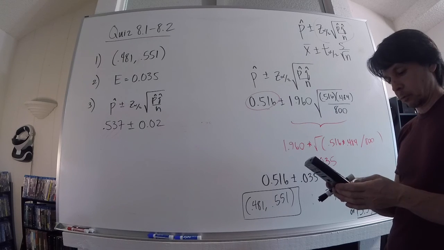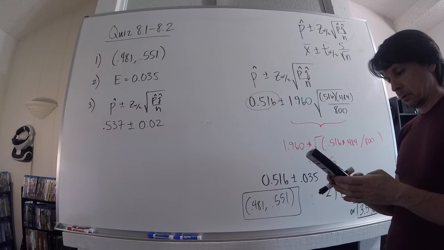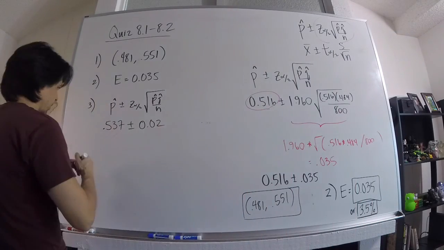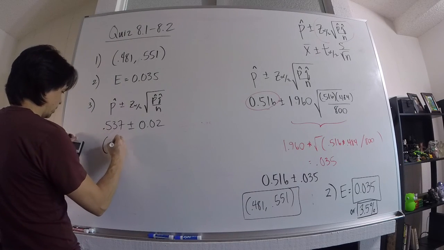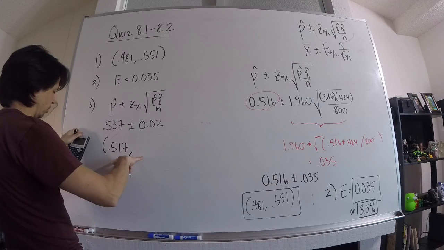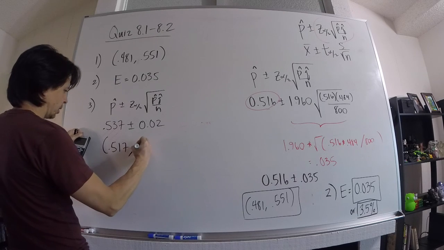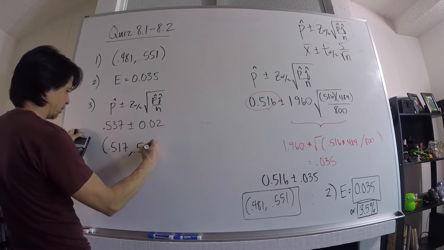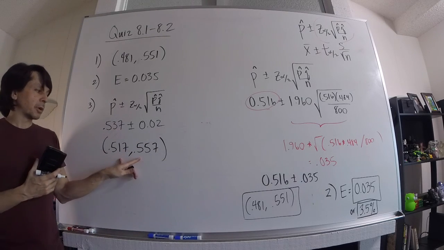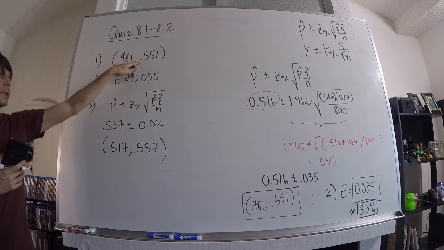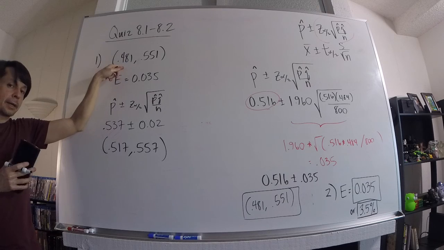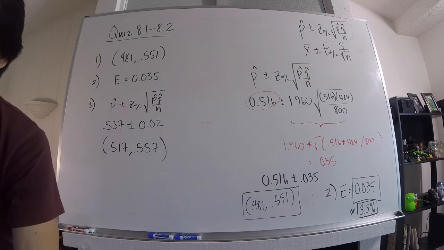All right, 0.537. I could have done that in my head. So they are 95% confident that the true percentage of voters who will support the prop is between 51.7% and 55.7%, which means they're 95% confident that it will pass, whereas we are considering the possibility that it might be 49% and might not pass, because it's got to be over 50%.